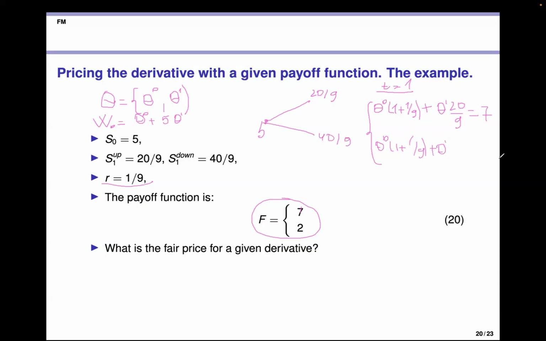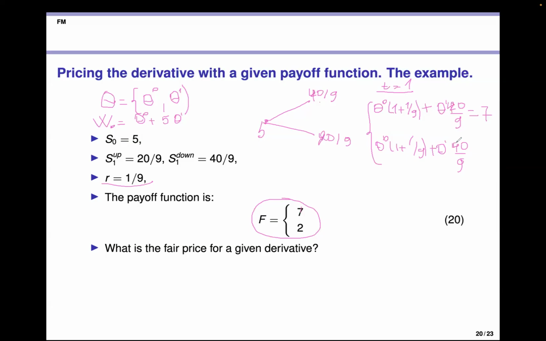And it equals 2. Maybe it should be 40 divided by 9, maybe it's my fault.